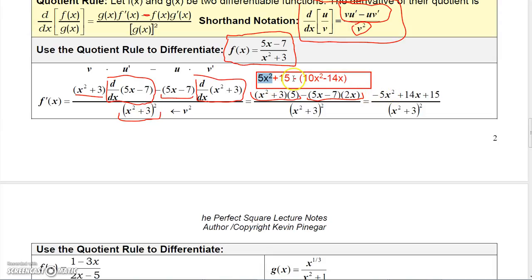And then when you distribute the minus through the negative 14x, you're going to get plus 14x. And then, of course, you also have the plus 15 to go with it. So the final answer here for the derivative of that quotient is minus 5x squared plus 14x plus 15 over x squared plus 3 quantity squared.